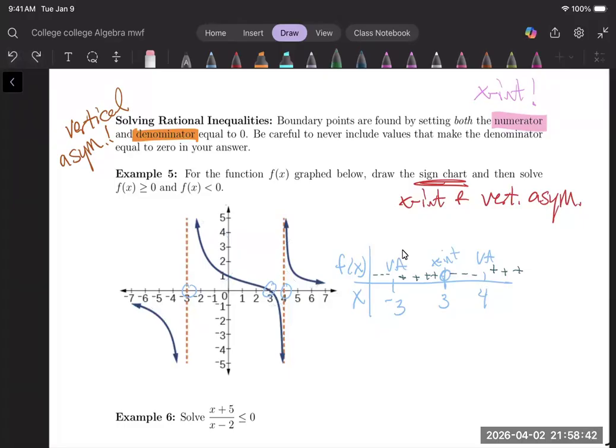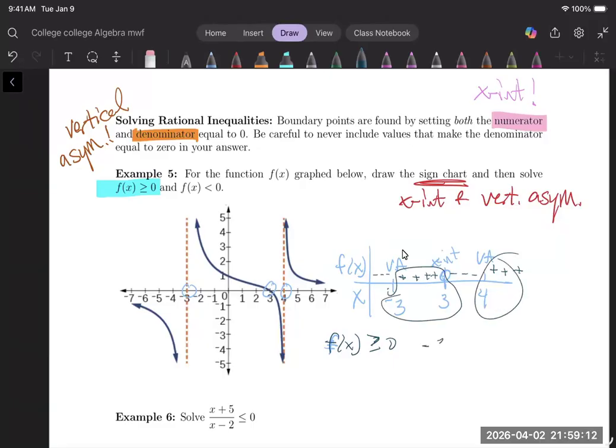So now what do I want? If I want f of x greater than or equal to 0, let's go dark here. F of x is greater than or equal to 0. That means we want the plus signs, because that is positive. So we want here.